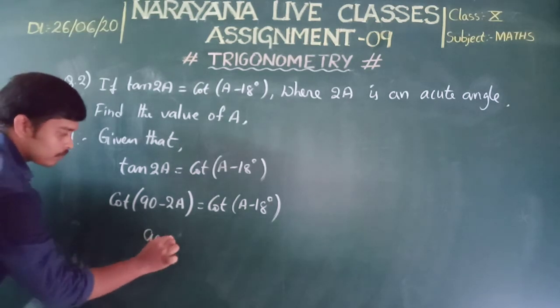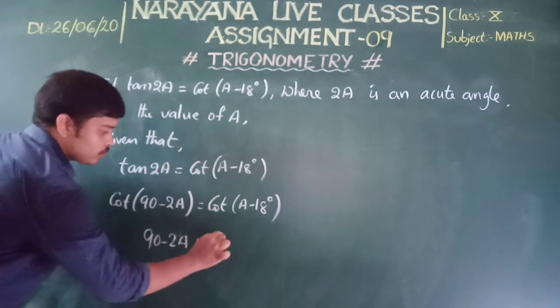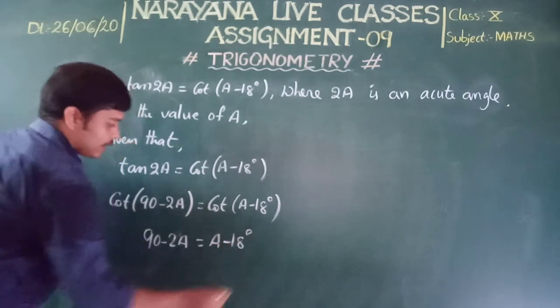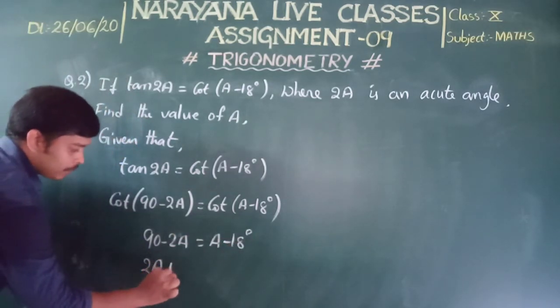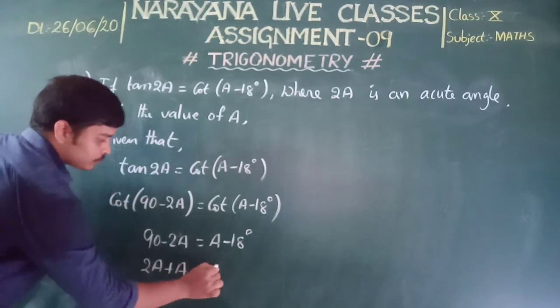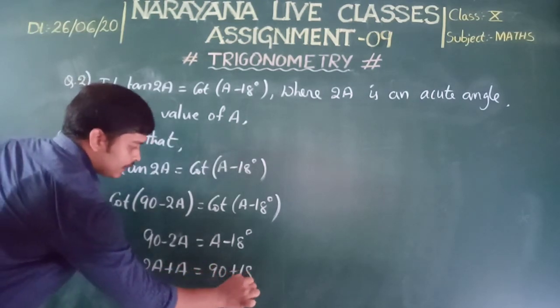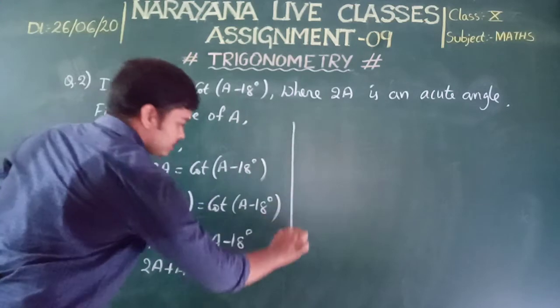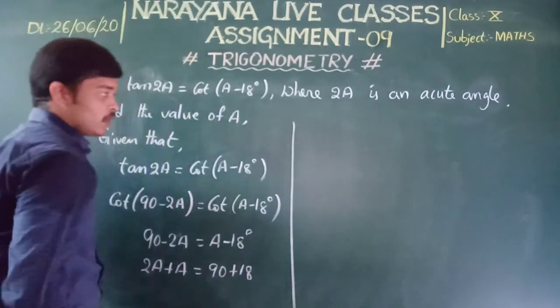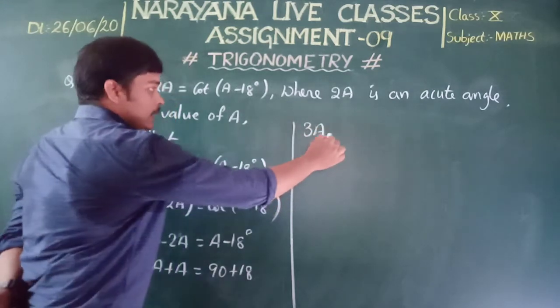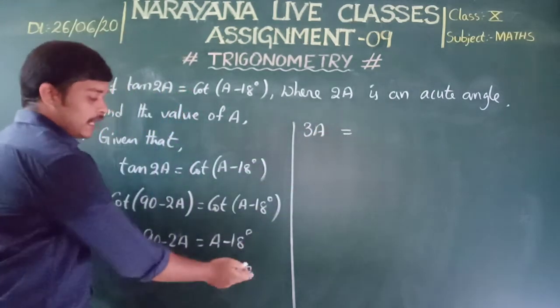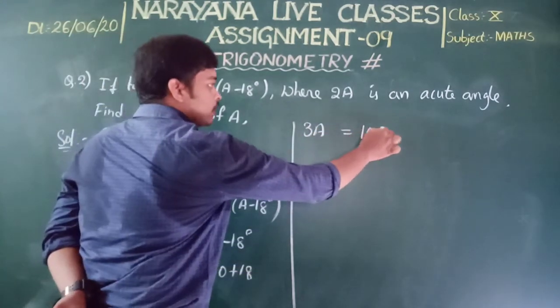Then 90 minus 2A is equal to A minus 18 degrees. By simplifying this, 2A plus A is equal to 90 plus 18. So 3A is equal to 108.